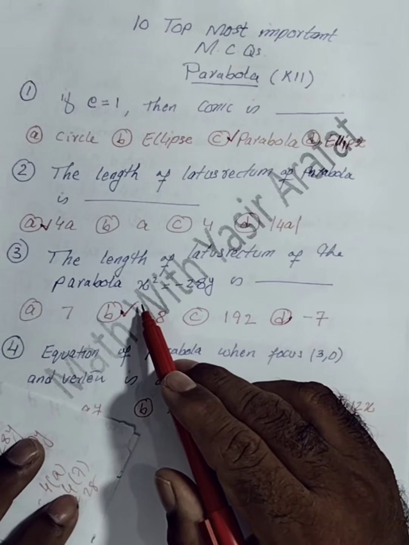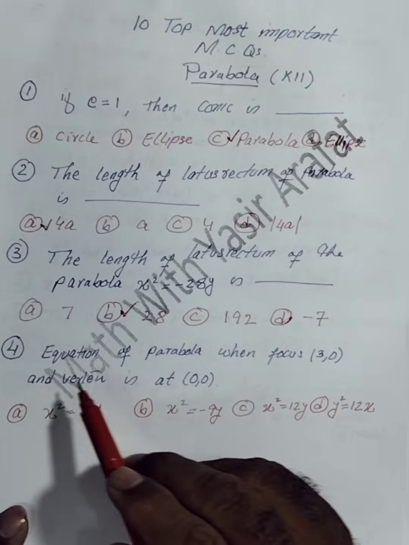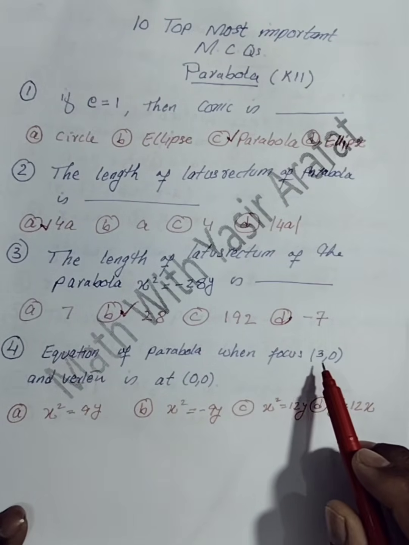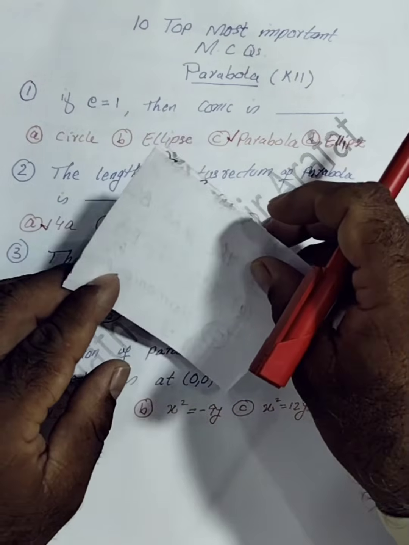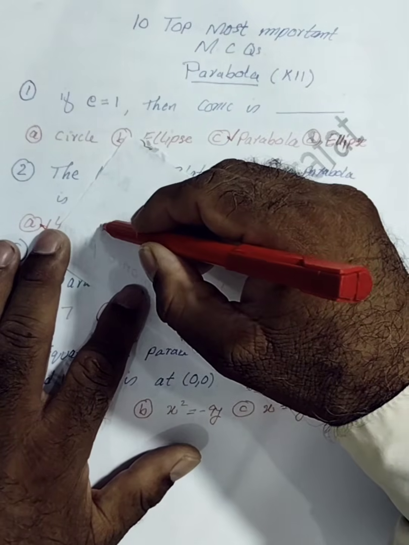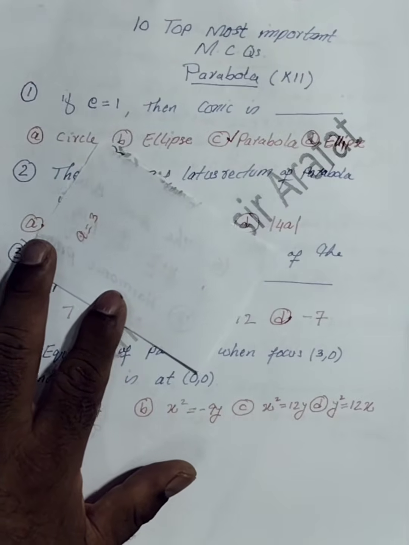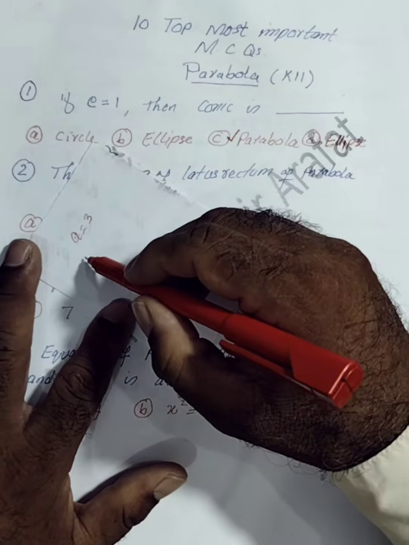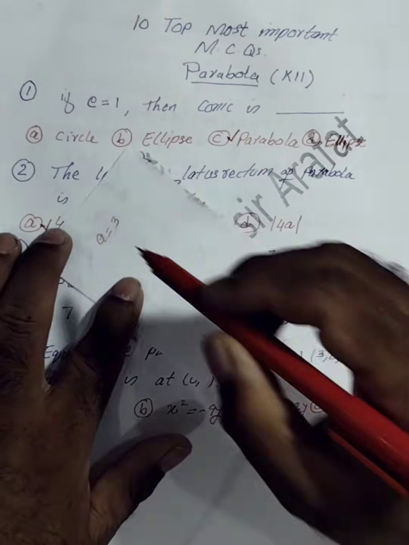Now the equation of the parabola when the focus is (3, 0) and the vertex is at (0, 0). The focus (3, 0) means it is along the x-axis.